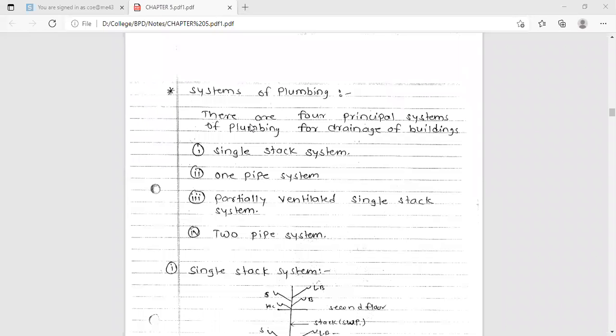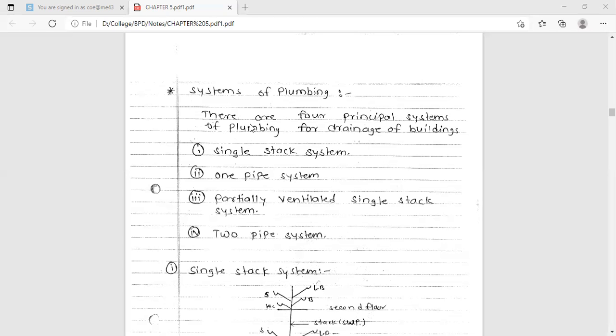Or whether you are going to provide a vent pipe to the plumbing system or not, whether you are going to provide separate vent pipes, or separately two stacks, or two pipes for collecting the drain or wastewater and solid waste separately. According to that, systems are there.